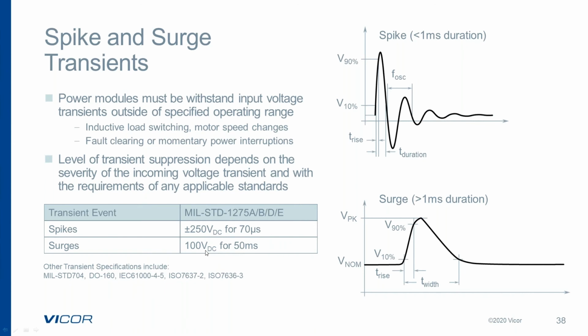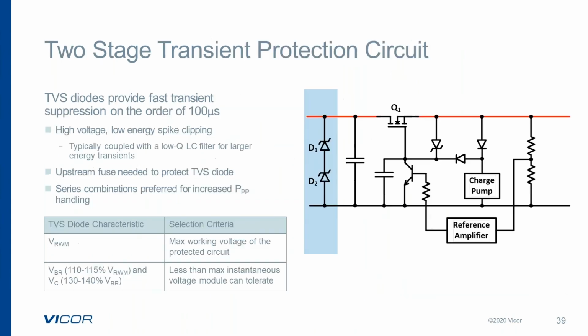There are different ways of suppressing or mitigating the effects of a transient, surge, and spike. One way is to add a two-stage filtering section or transient protection circuit. In one stage, we have TVSs, transient voltage suppressors, that handle the fast transients.